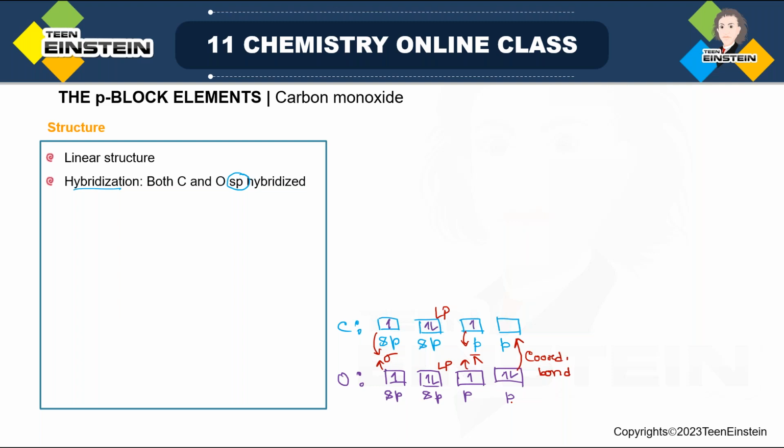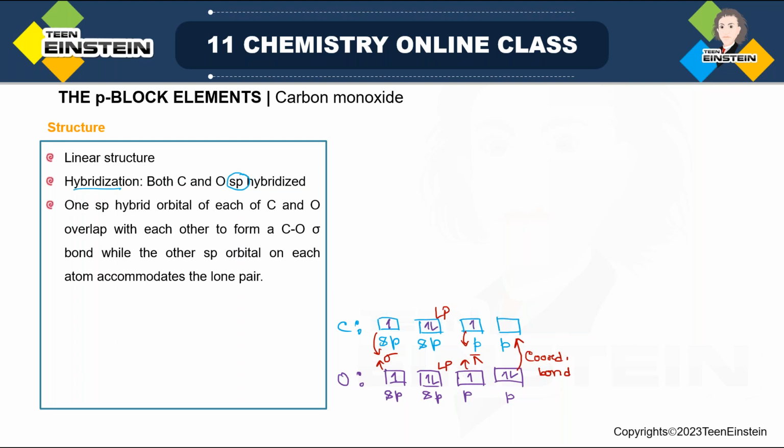That is why I was saying the features are important. The 3 bonds present between carbon and oxygen: one bond is sigma, another is pi, and the third is coordinate. One sp hybrid orbital of each of carbon and oxygen overlap with each other to form a C-O sigma bond, as you can see here. Then the other sp orbital on each of carbon and oxygen will accommodate the lone pair, which you have just seen.